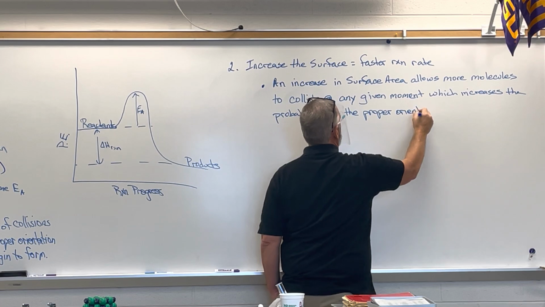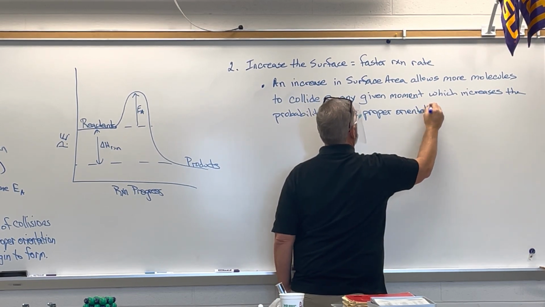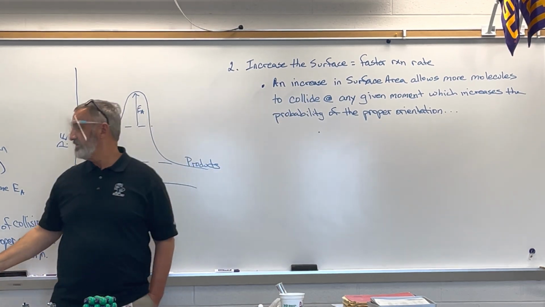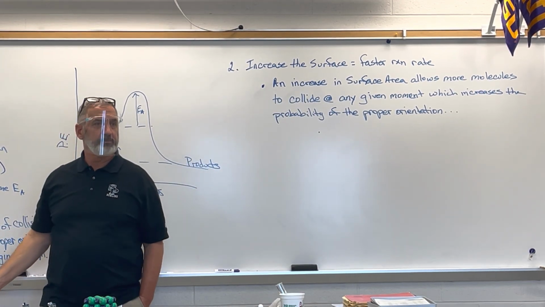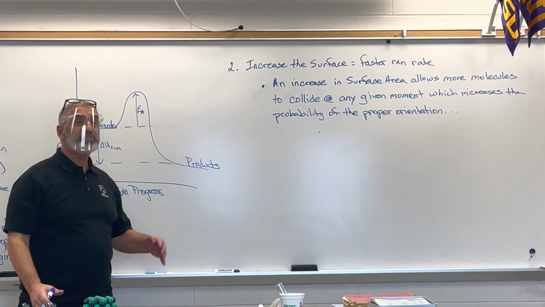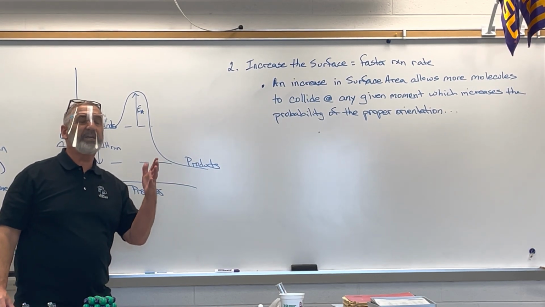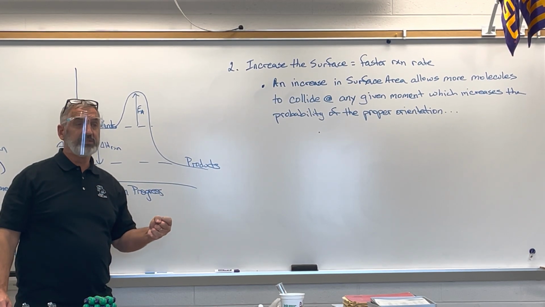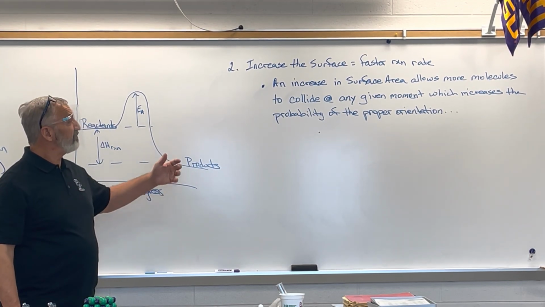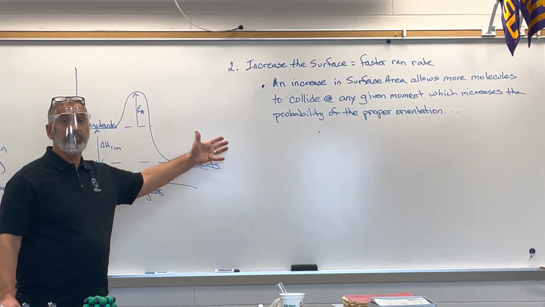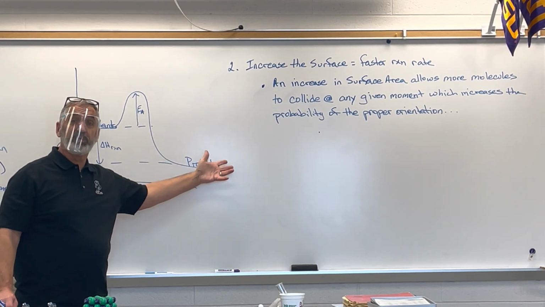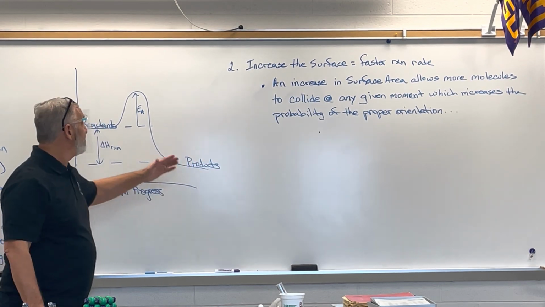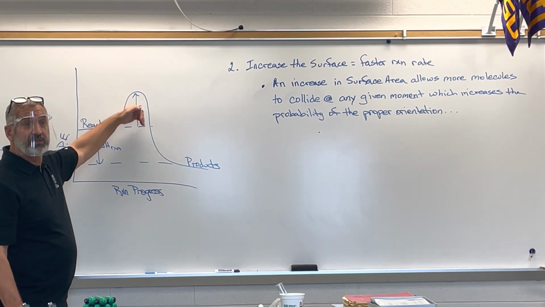And then I'm just going to say dot, dot, dot. But you have to include the rest of this phrase. It's the same thing. Anytime you're dealing with more collisions, it's always going to be which increases the probability of proper orientation to where reactant bonds begin to break and product bonds begin to form. Anytime you're dealing with energy, it's going to be having enough energy to overcome EA.